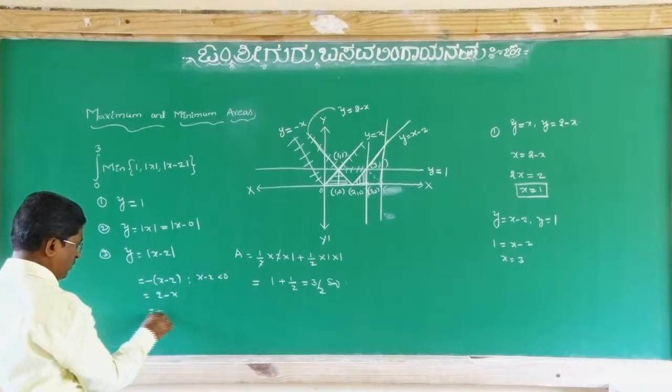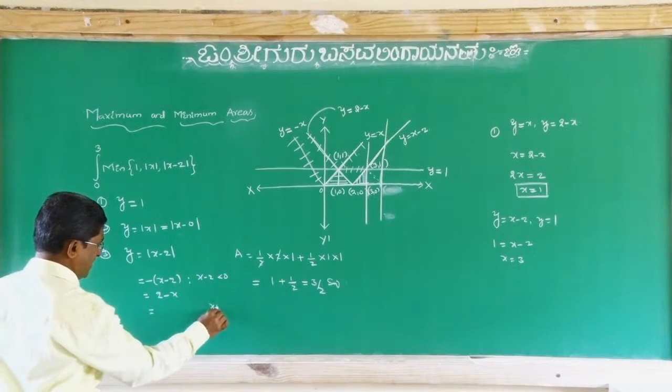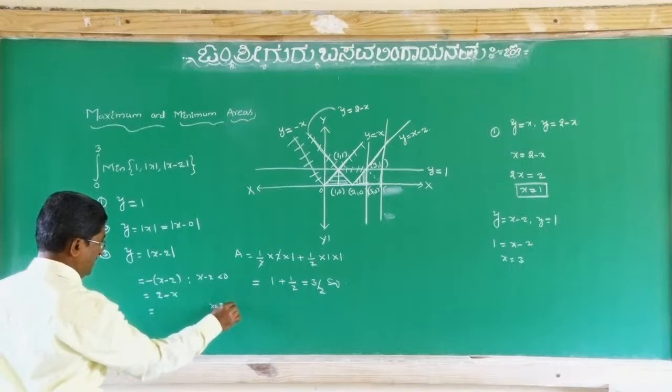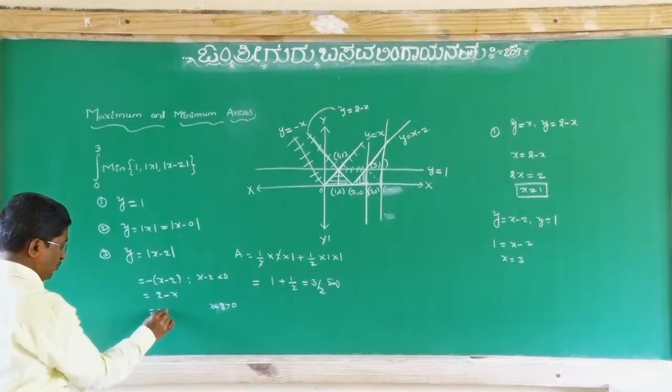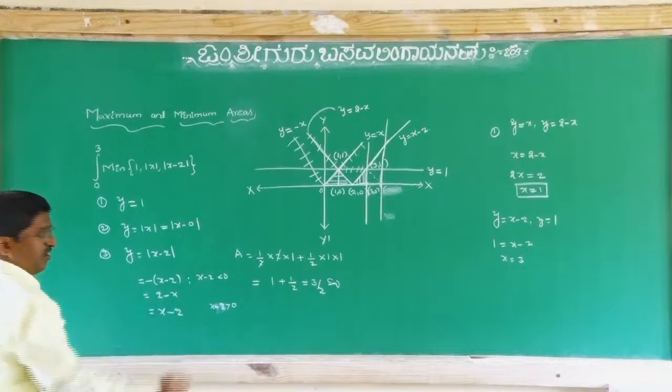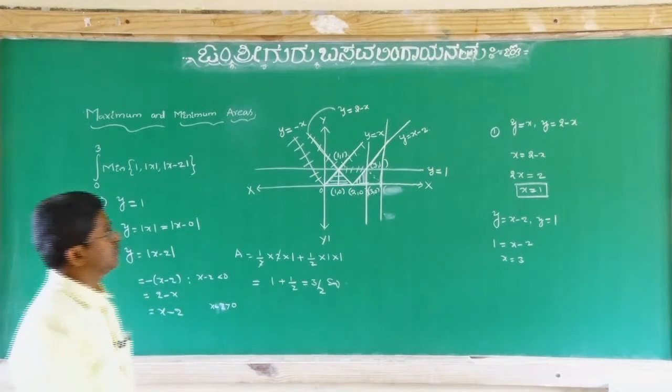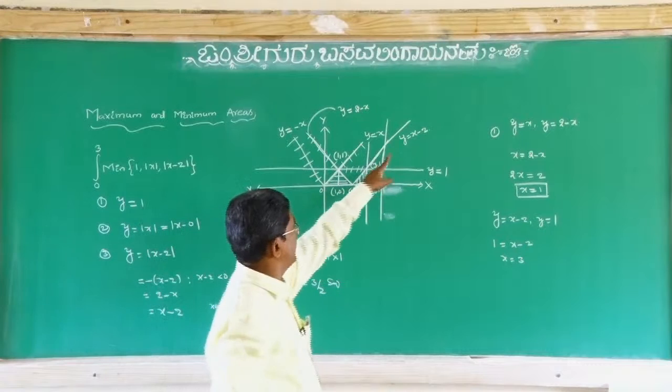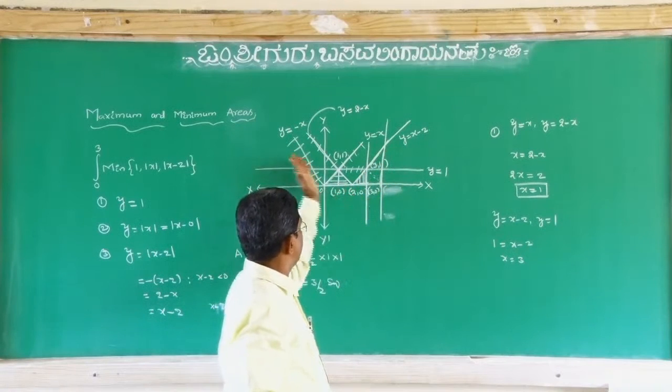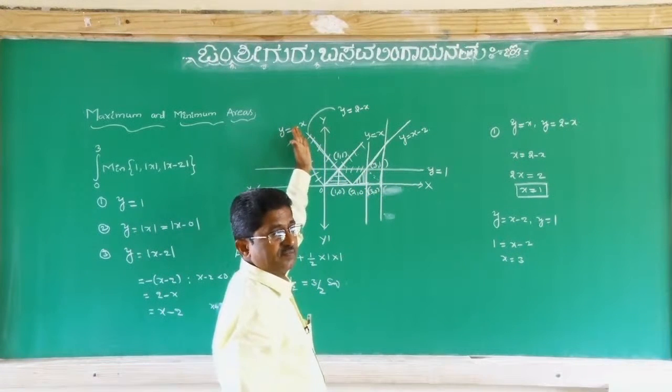When x minus 2 is greater than 0, mod of x minus 2 is simply x minus 2. So we got this line x minus 2, parallel to 2 minus x.